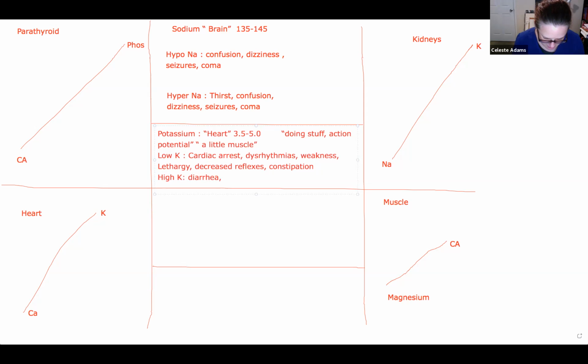We will have muscle cramps or twitching. Excitability in that high potassium. You have that excitability, that increase in doing stuff, that increased action potential.